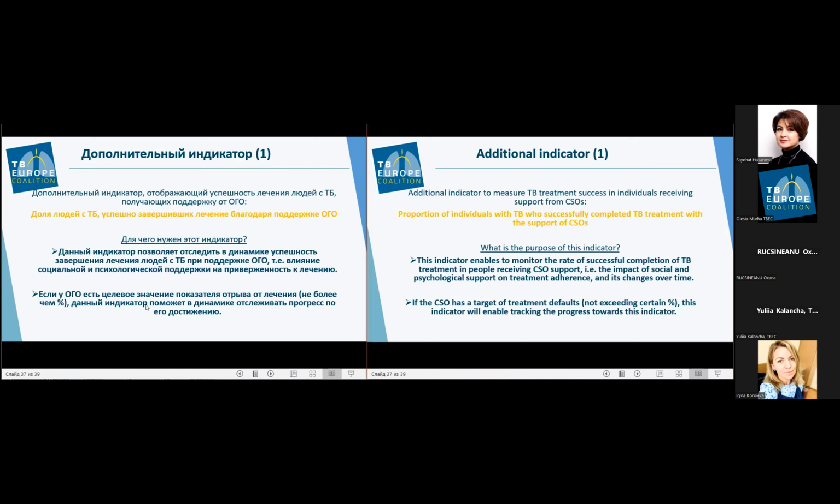So it is envisaged that these indicators will be included in the national system of monitoring and evaluation. So this data collection will be systemic, and we need a systemic data collection, and it will help us to see the engagement and to track these indicators qualitatively.